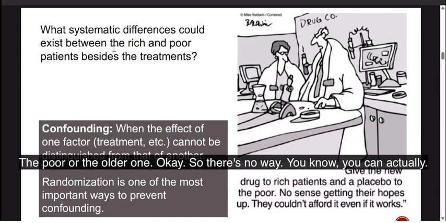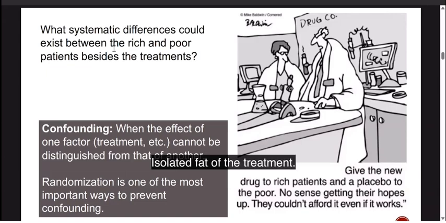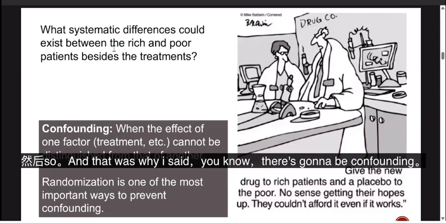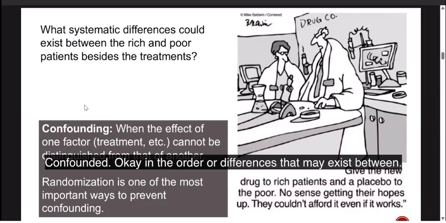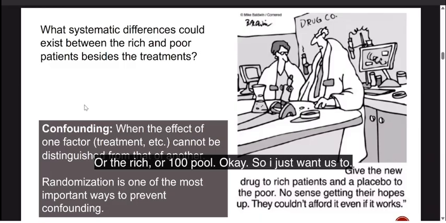There's no way you can isolate the effect of the treatment, and that is why there's going to be confounding. Confounding means the treatment is being confounded with the other differences that may exist between the rich and the poor.